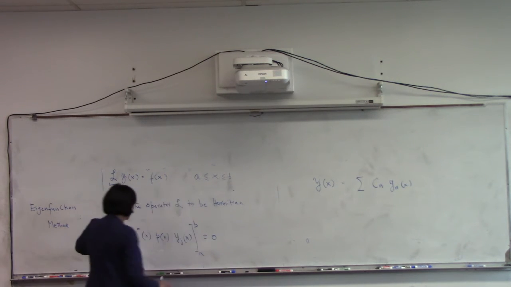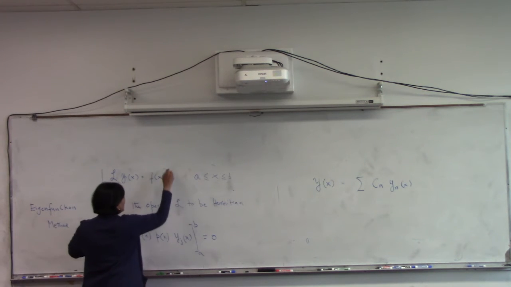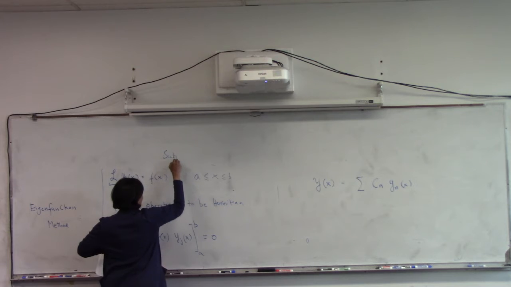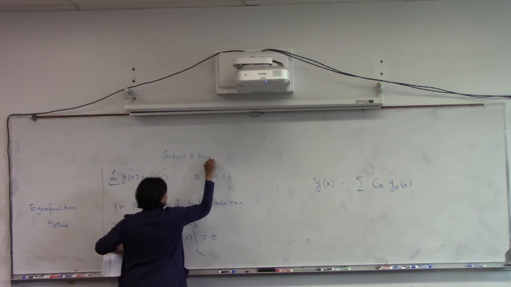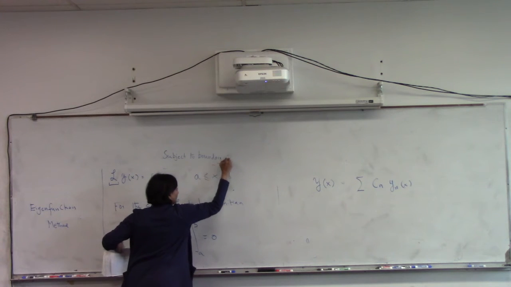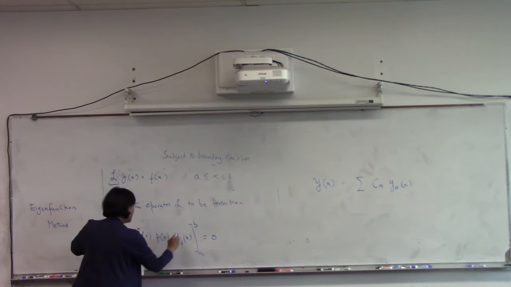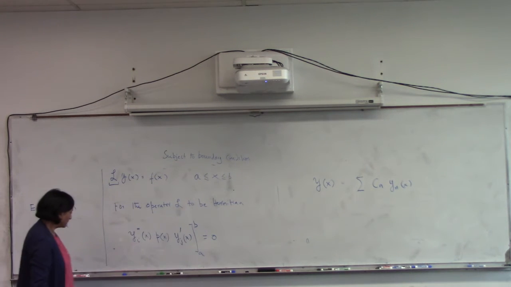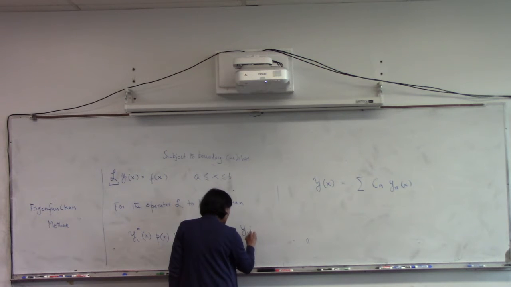This can be satisfied in a number of ways. This is what I mean by this being subject to some boundary condition we are solving. So you have to watch for the boundary condition. What is it given? Does it satisfy this?